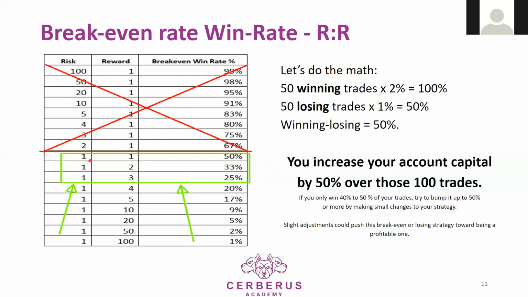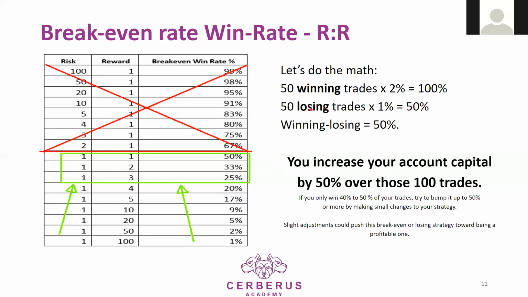Okay, we try to have at least 1-to-1, 1-to-2, 1-to-3. So let's say 10 pips stop loss, 10 pips take profit, or 20 or 30, much better. Because in this case, the break-even will be 25% or 33%. The higher, the better. So if I have 50 winning trades at 2%, I have a 100% profit.